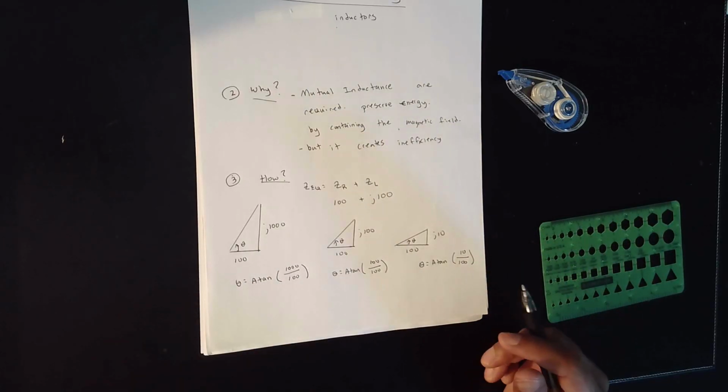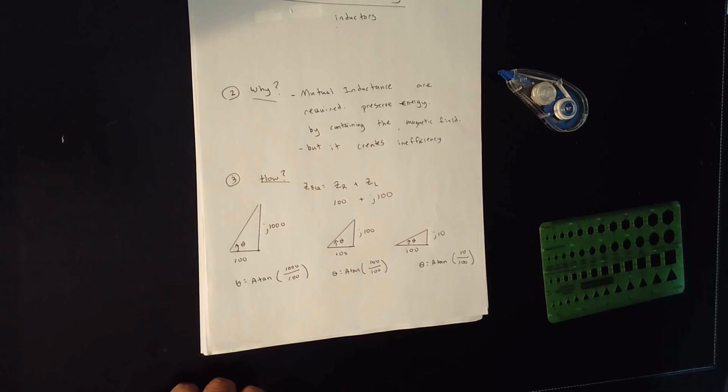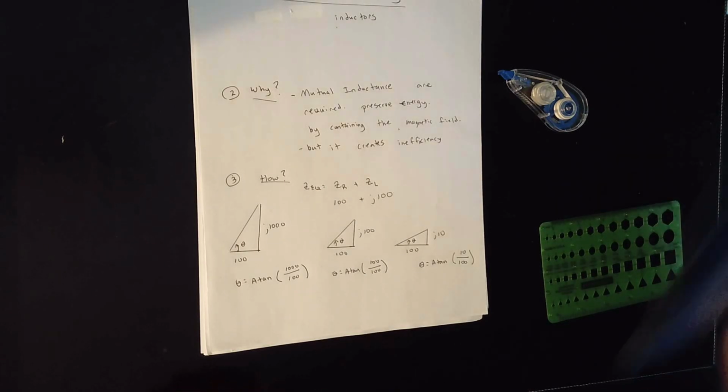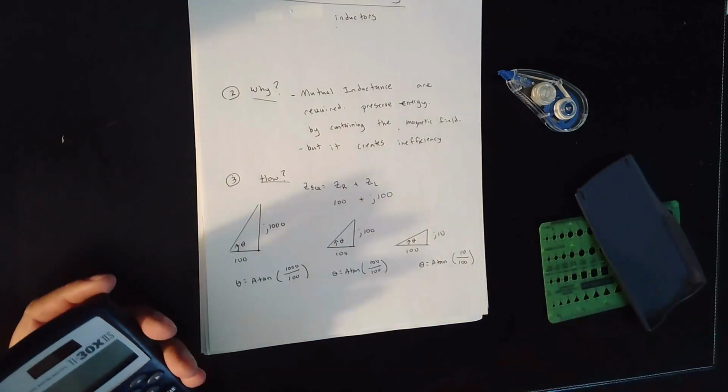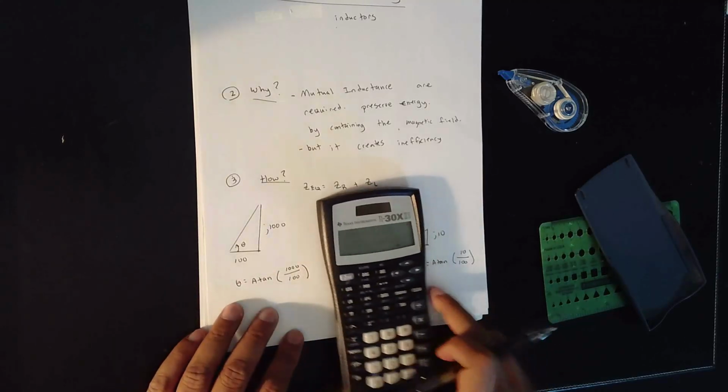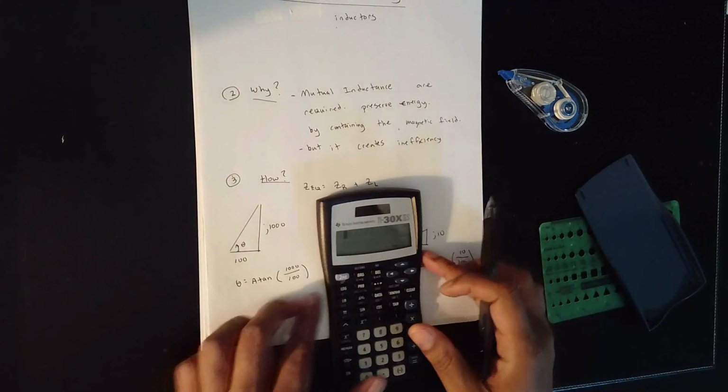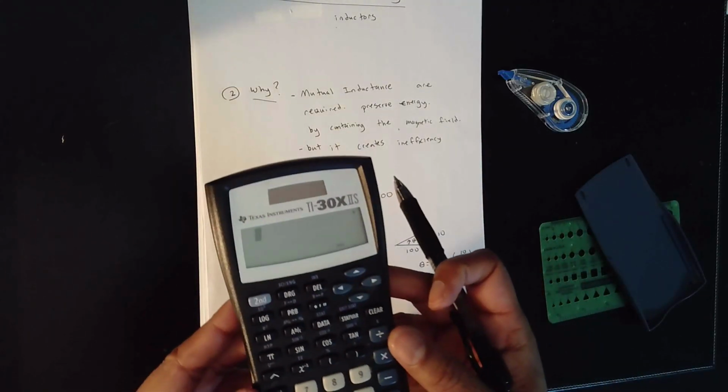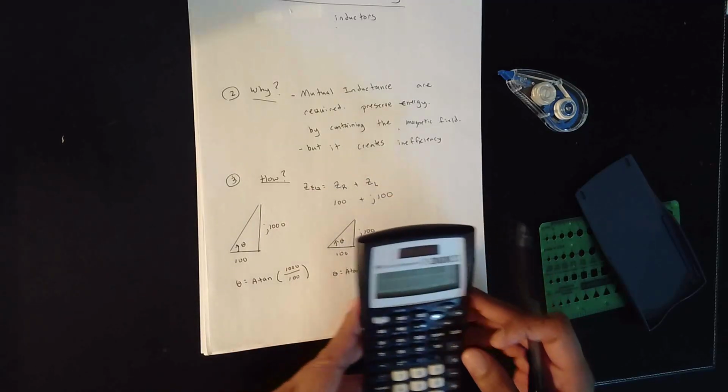Let's first get the angles. You can take out your calculator. Make sure your calculation is in degrees. It says degrees in really small writing here, but it has to be degrees. It cannot say radians, okay?